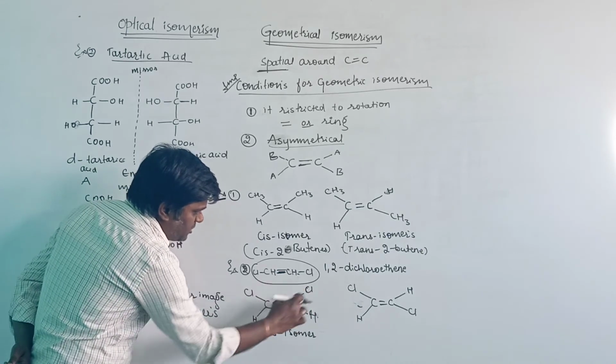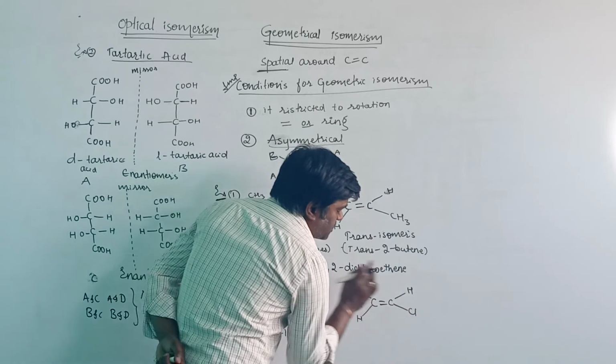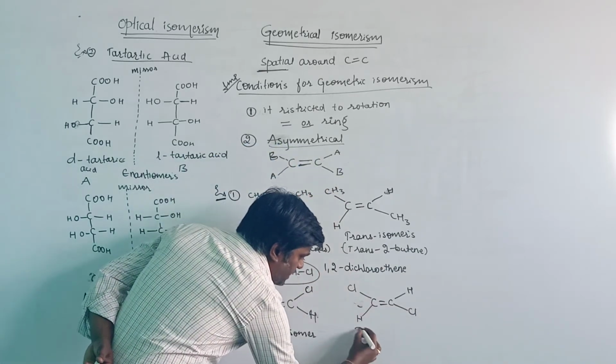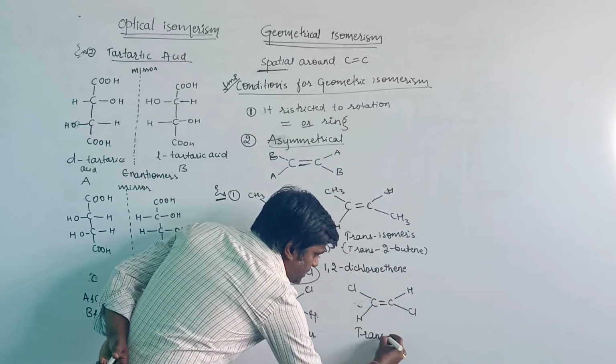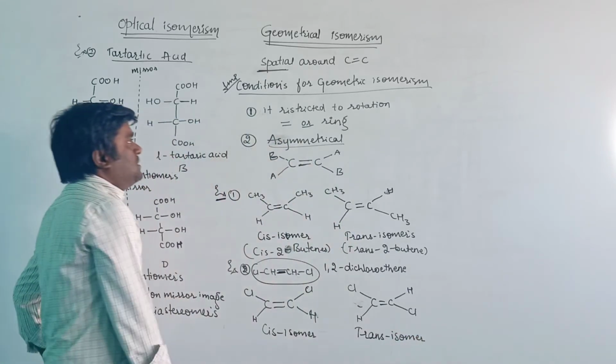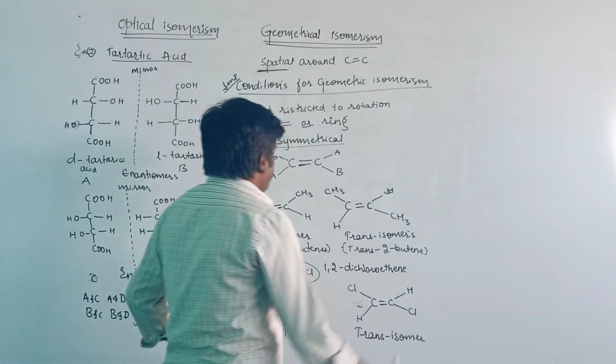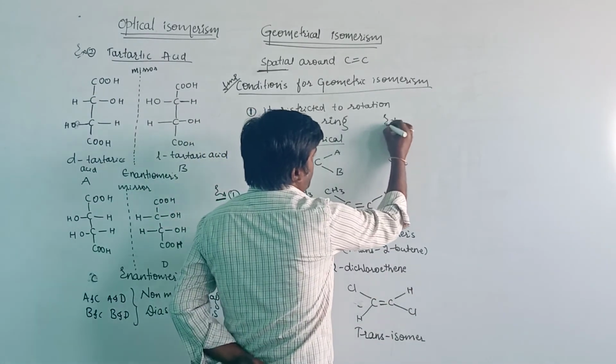Here the same groups are on opposite sides. Therefore, it is known as the trans isomer. This is the second example.